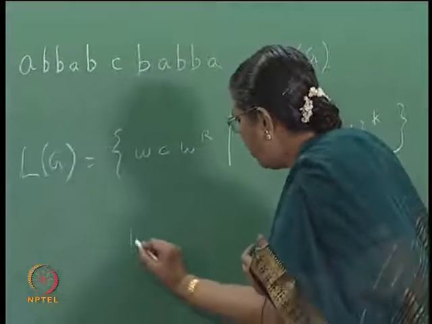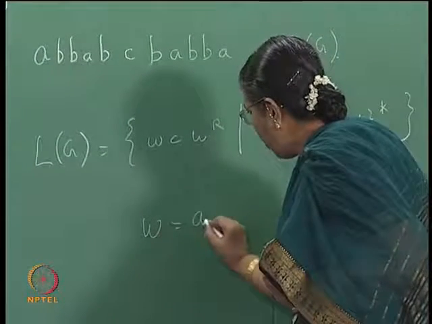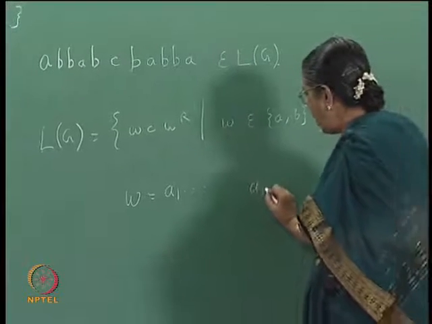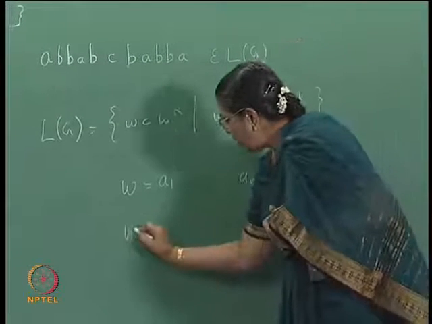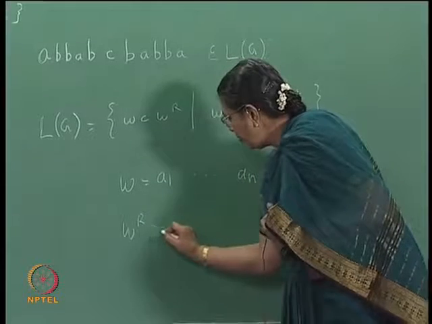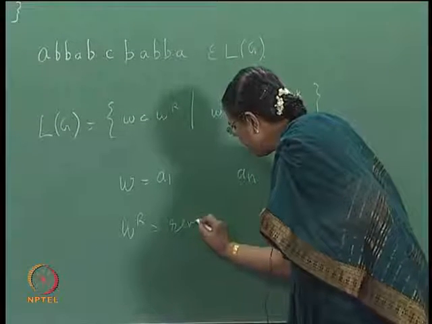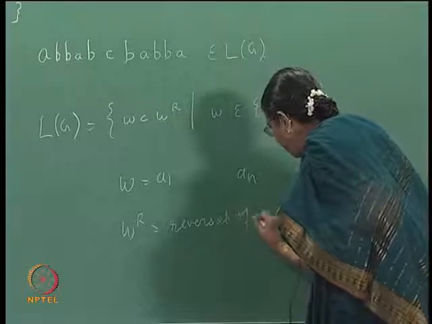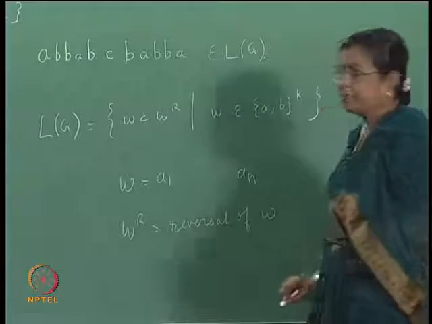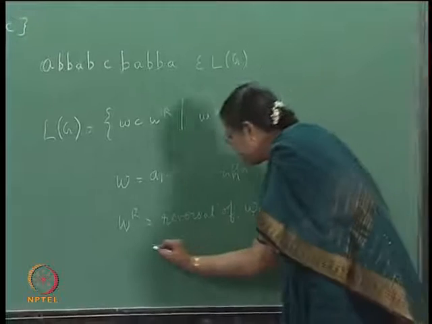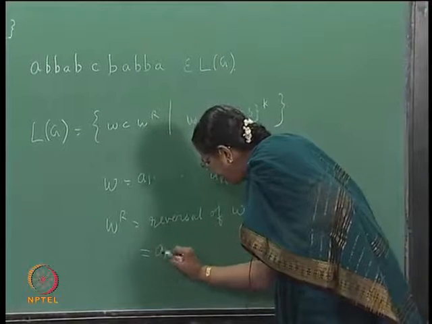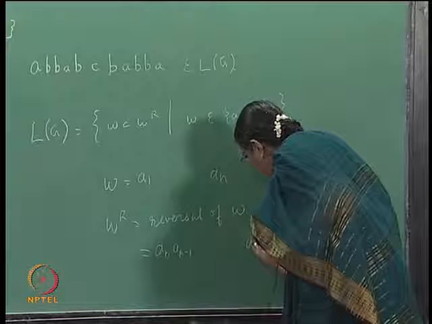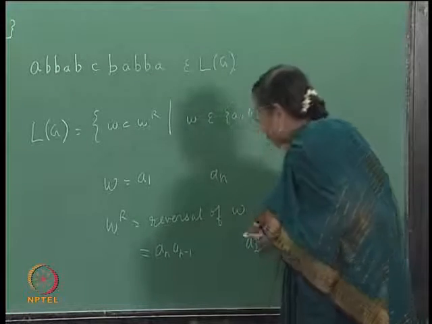Now, if W is a string of the form A1, A2, ..., AN, W R is the reversal of W, and that is nothing but AN, AN minus 1, ..., A2, A1.